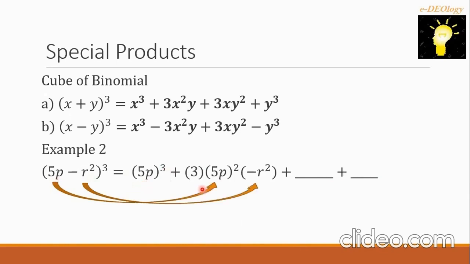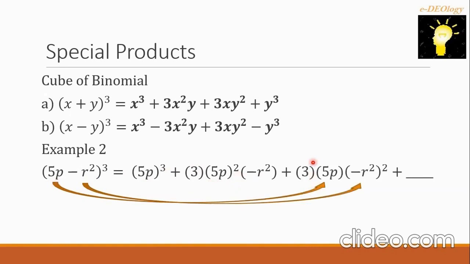In the second blank, the constant 3 must be there, and I'm going to copy these two terms, but the first term 5p must be squared. In the third blank, the constant 3 is there, and then I copy the two terms again, but now the second term, negative r squared, is now squared.